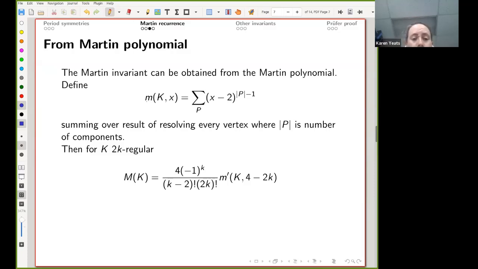I'm going to call this Martin polynomial lowercase m of a graph, and it's a polynomial in the variable x. It's going to be some sum where I'm resolving every vertex. So what does that mean, really? Let's say I have a nice small example like this. There's a perfectly good graph. And now I want to do every resolution at both vertices. So there's all three possibilities at both vertices.